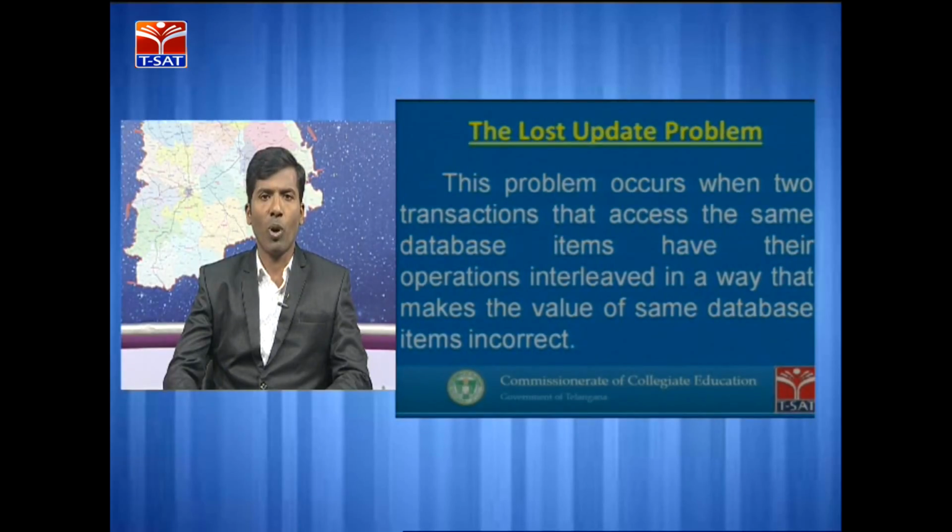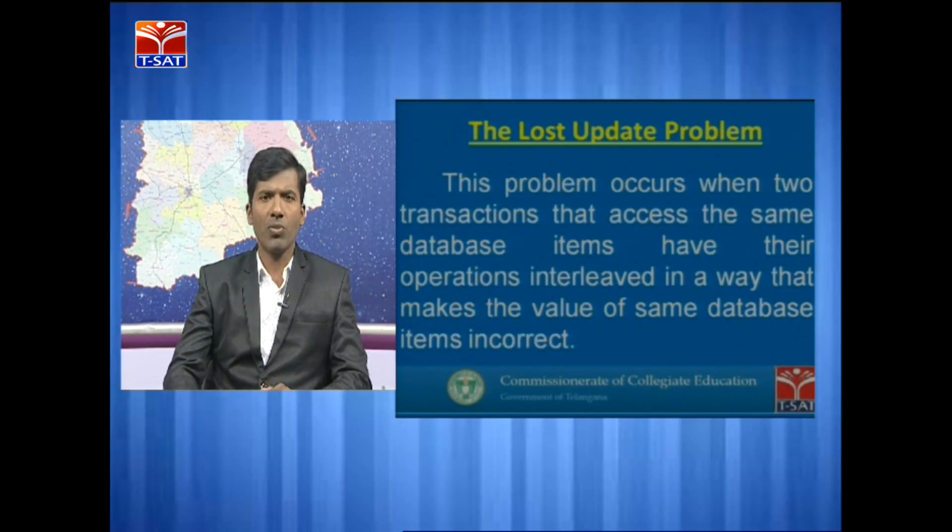Now I will try to explain each and every problem of concurrency control if it is not maintained properly. The first problem is the lost update problem. The title clearly explains the meaning of this problem. This is a generalized problem that we face in our daily life too with regards to banks.